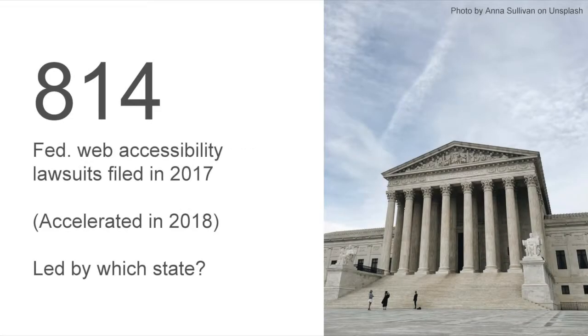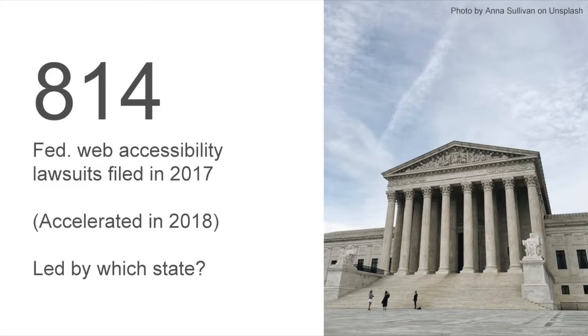There were 814 federal web accessibility lawsuits filed in 2017. And this is kind of the continuing trend. It started many years ago. Target was sued because some folks couldn't use the website. And I can tell you that number is accelerating.